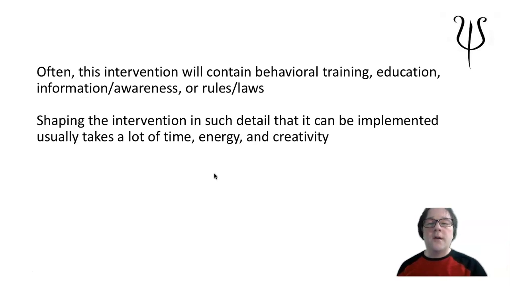Okay, so the intervention will contain some of these social psychological interventions or factors. We need to shape the intervention in such detail that we can actually implement it. Now that, again, usually takes a lot of time, a lot of energy and creativity, and a lot of patience.